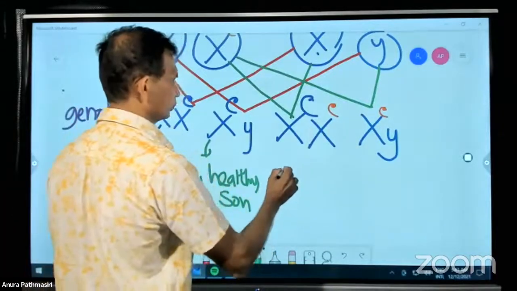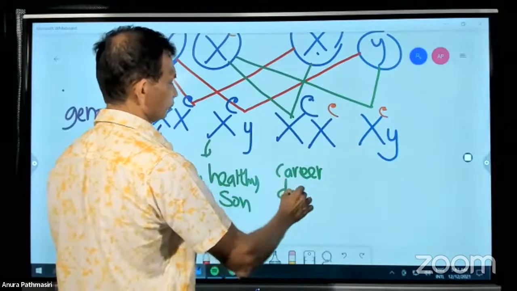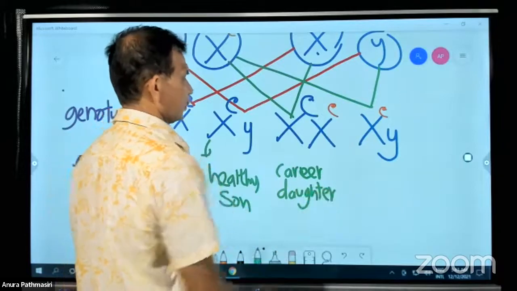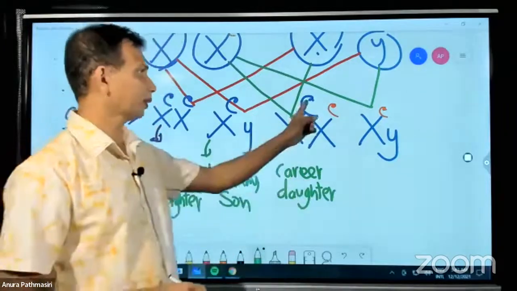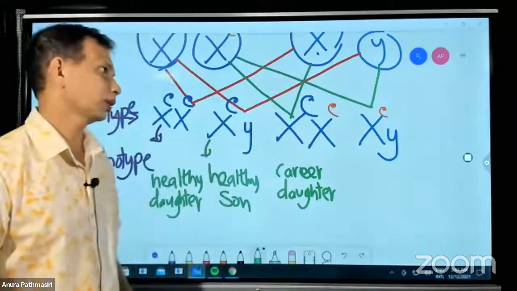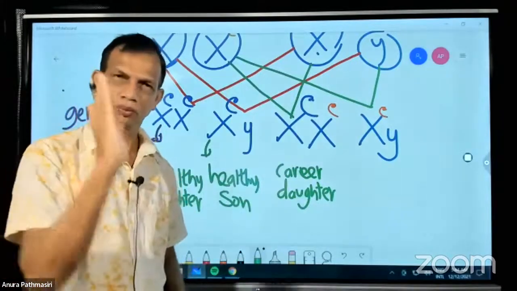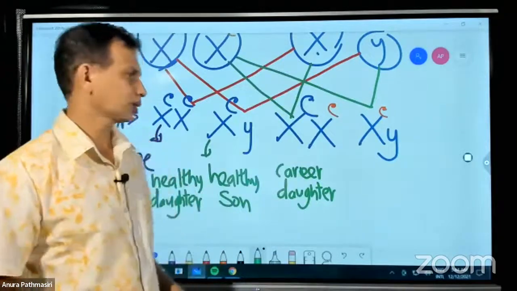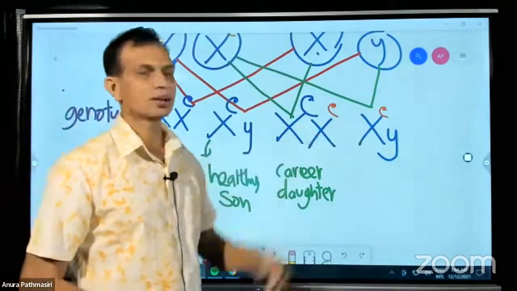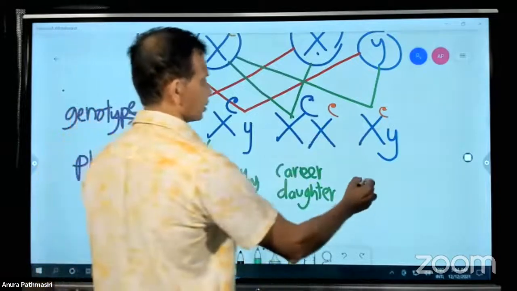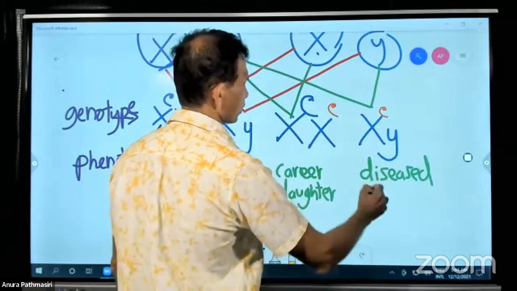This one, carrier daughter. She does not have the disease. She's not suffering from it because capital C, the dominant factor, prevents it. But she carries that disease from one generation to the other generation, something like this mother. And this one is the poor guy who is suffering from that particular disease, the diseased son.